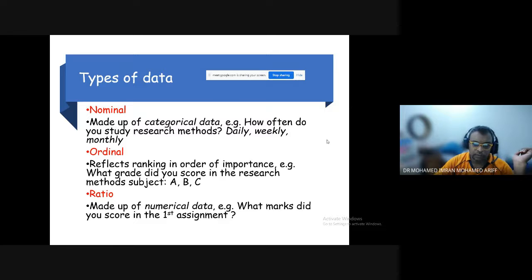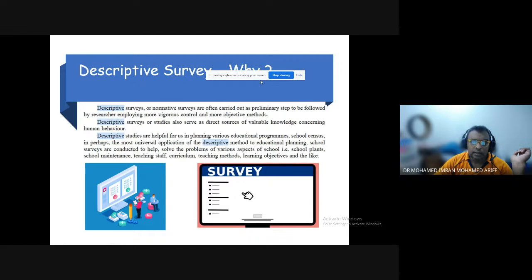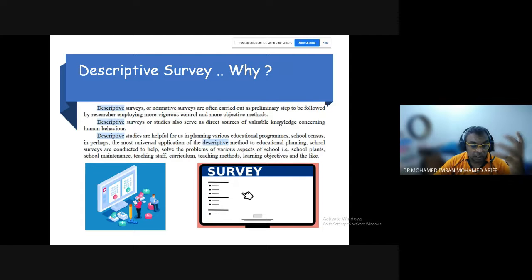Okay, this is straightforward. All right, this is another reason why we need a descriptive survey or descriptive analysis. Also, point number 2, it also serves as a direct source of valuable knowledge concerning human behavior. So descriptive is to find out what you need to know first. Because you have to argue, walaupun your survey is only 150, but if the descriptive analysis on the survey is good, then it's fine.